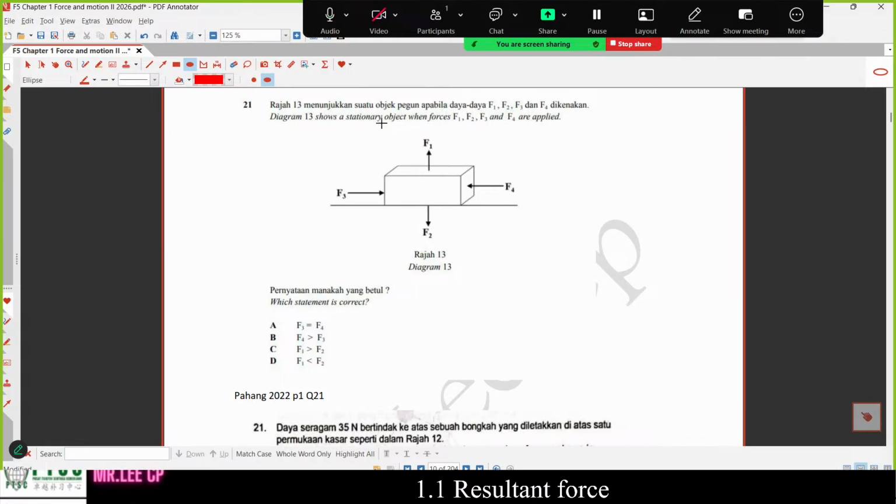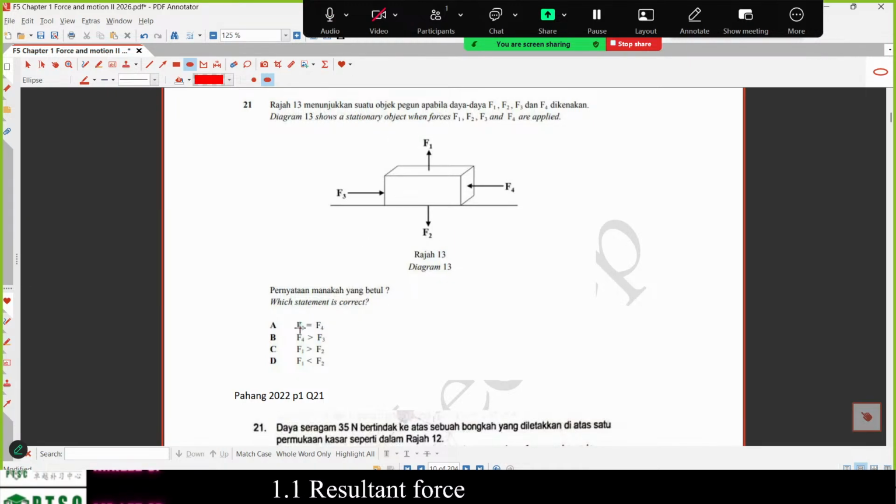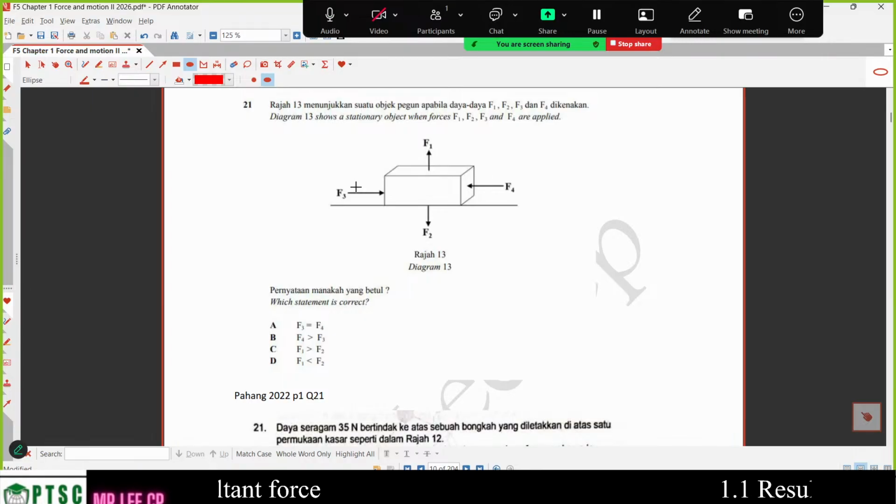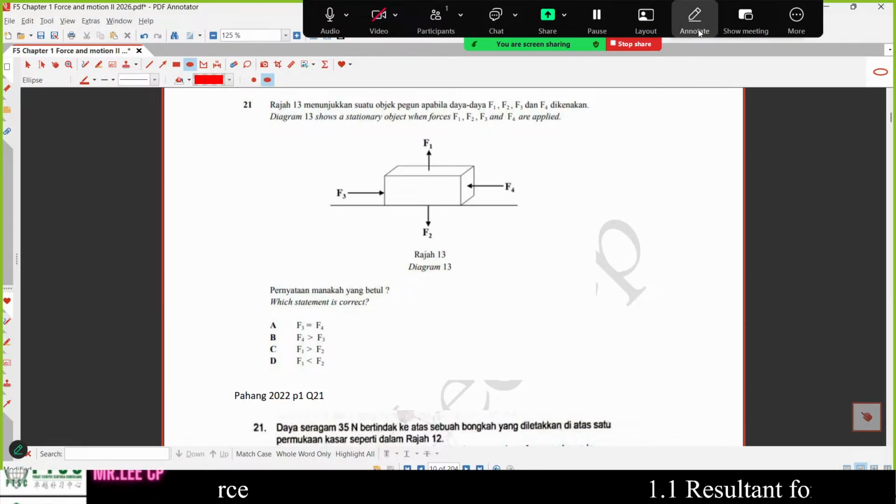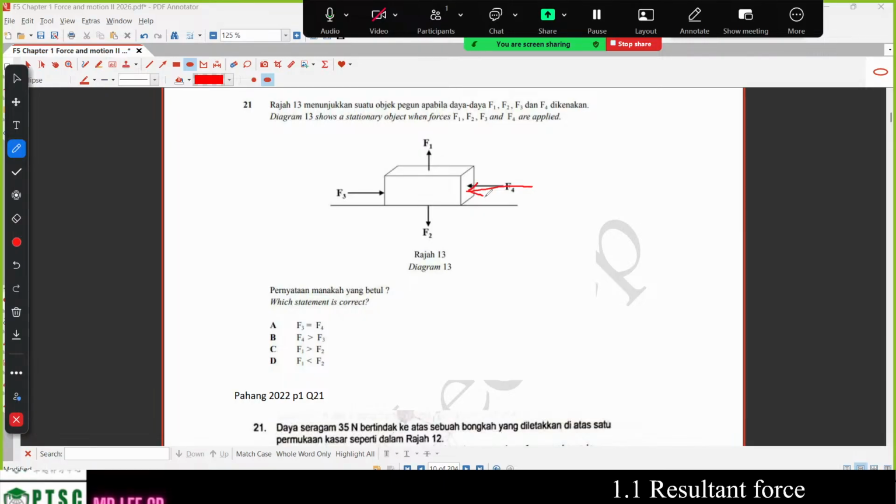Diagram 30 shows the stationary. Stationary means not moving. So up and down will be the same. Left and right will be the same. So 3 is equal to 4. Yeah, correct. 4 more than 3 means it is going to move to the left. Force 4, you see the direction it is here. Force 3 is pushing it here. Let's say this one pushing is 10, this one pushing is just 2.